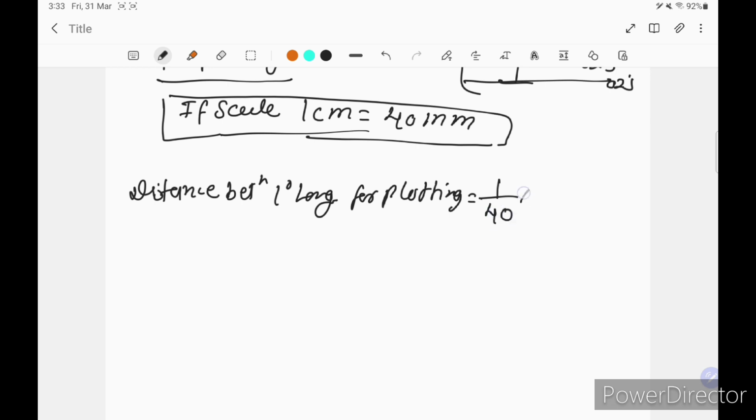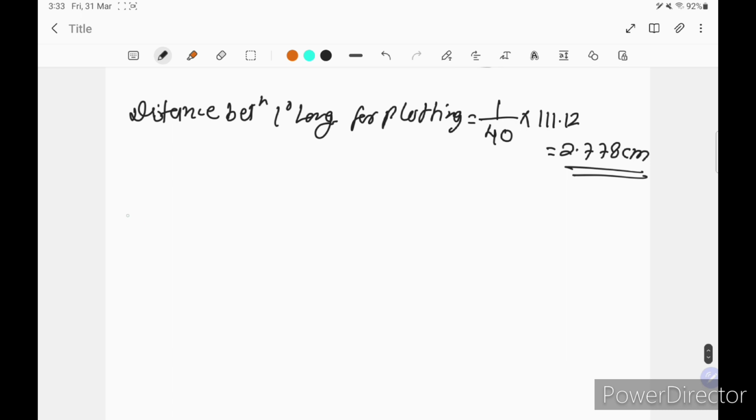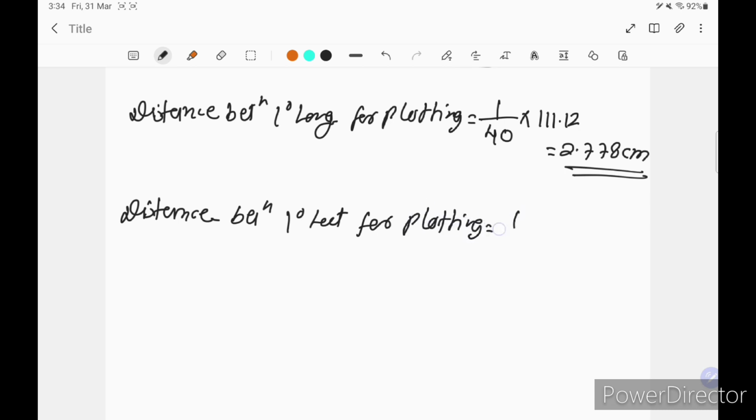Okay, 1 into 40 divided by 111.12 is equal to 2.778 cm. Now this is for longitude. Now we calculate for latitude. Distance between 1 degree latitude for plotting: 1 into 40 divided by 110.379, so we get the value 2.759 cm.